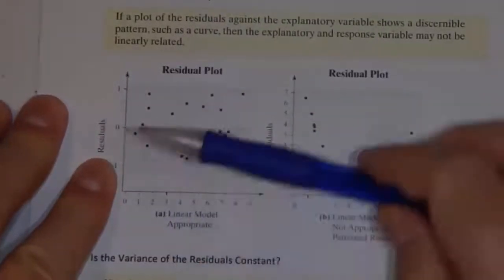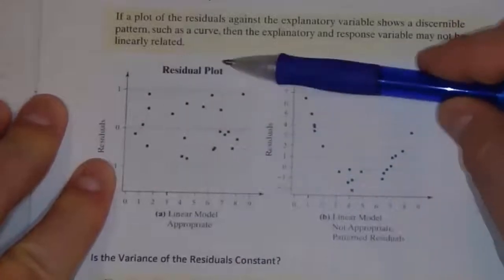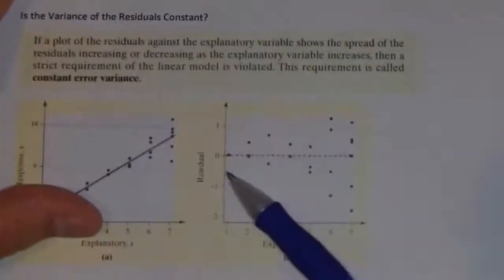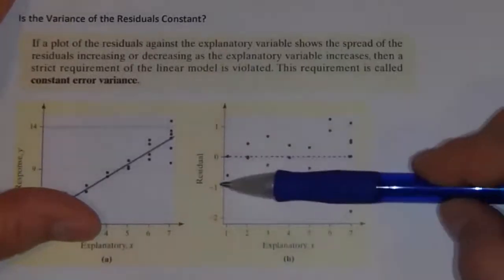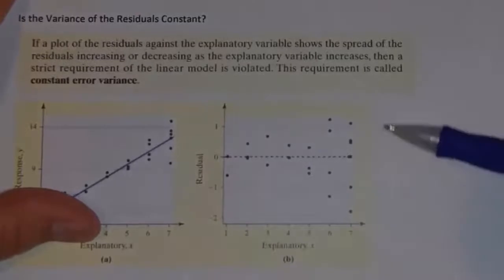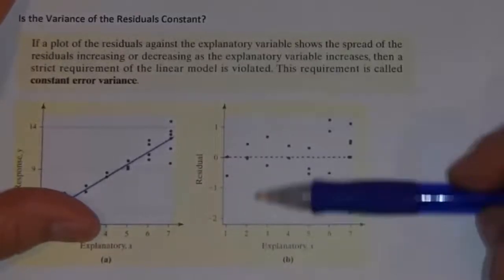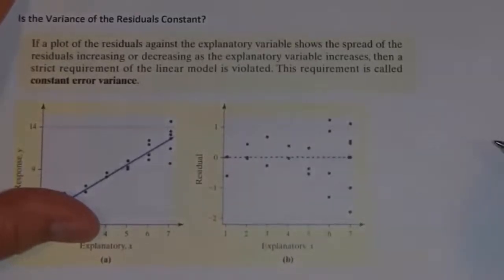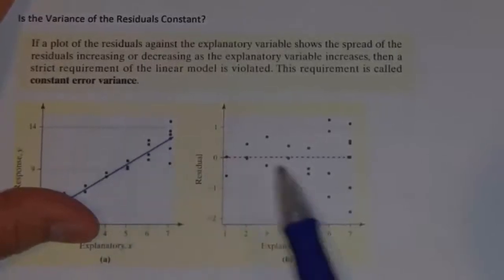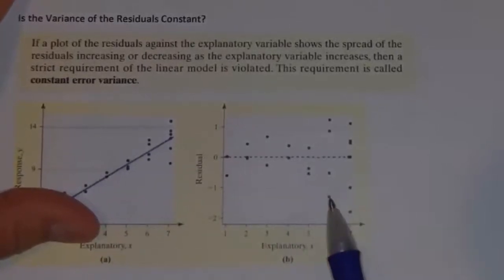As I go from left to right, the spread of the residuals needs to stay constant. If something like this happens, and as you go from left to right, the points get farther apart, or if they start farther apart and get narrower together as you go from left to right, that's a problem. That would mean we do not have a constant error variance, and that would mean a linear model's not appropriate.